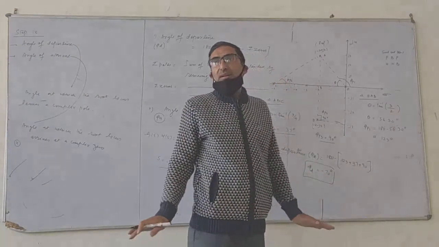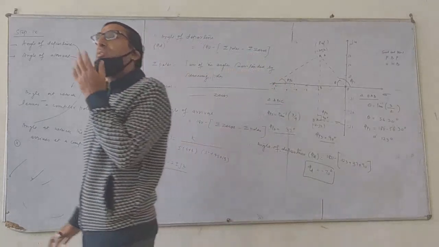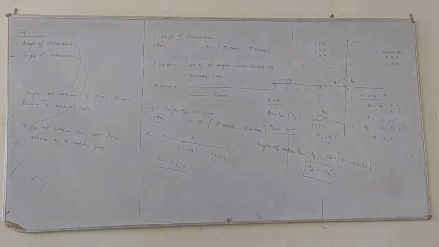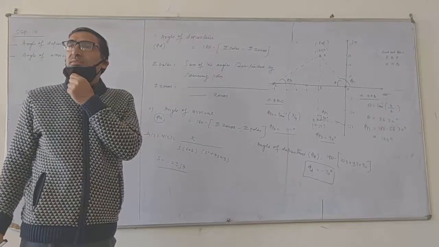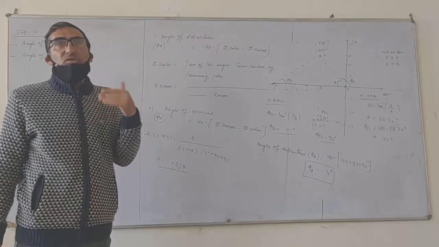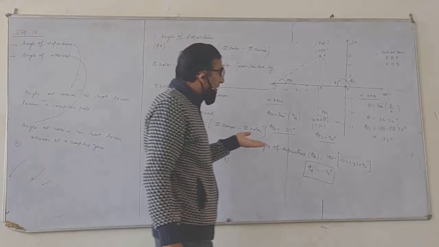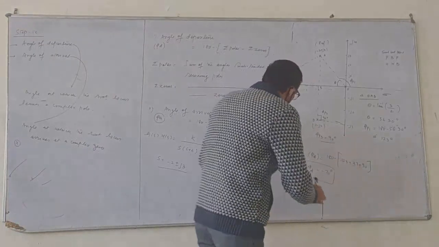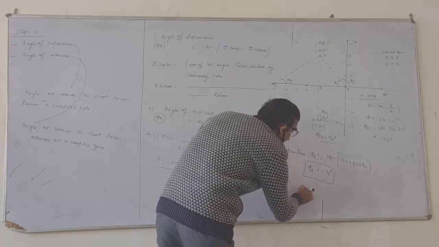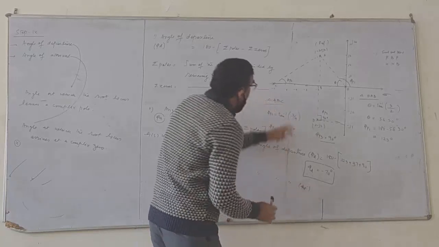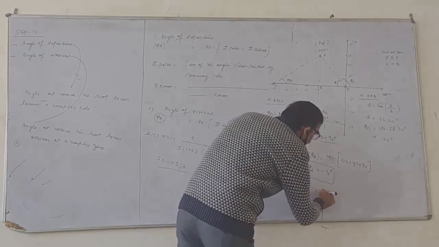Is it clear? Does anybody have a doubt? Yes. You look surprised? If you have any doubt, you can ask. Okay. Now what are these poles? Poles are complex conjugates. Once you are able to calculate the angle of departure of one, then the angle of departure of the other pole, let's call it phi D dash, will be minus of this.